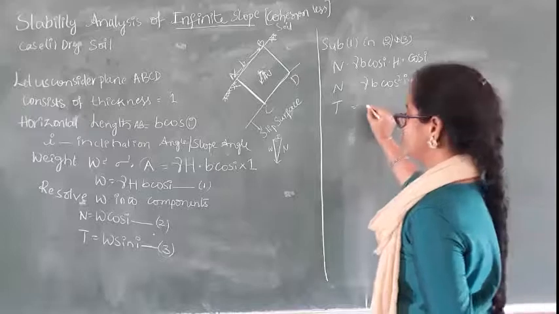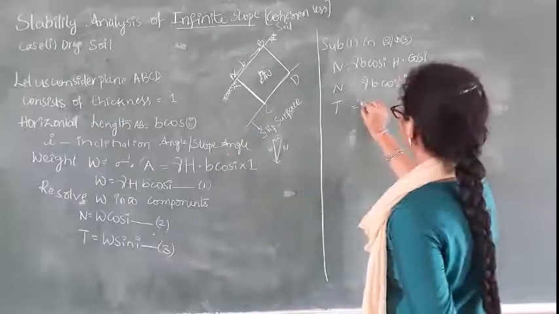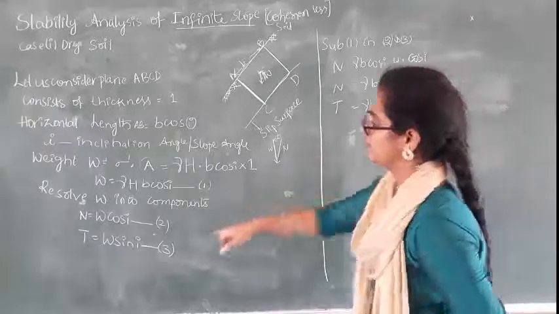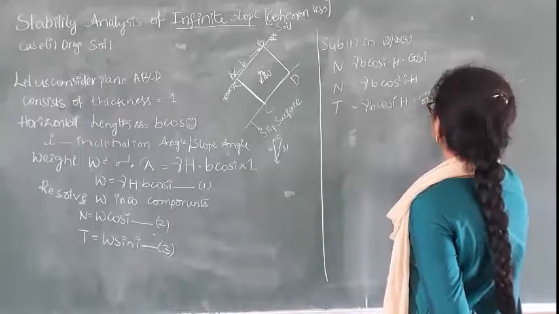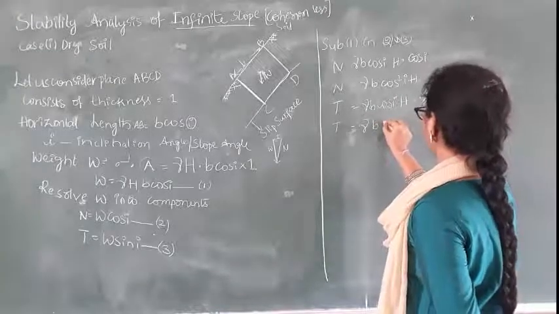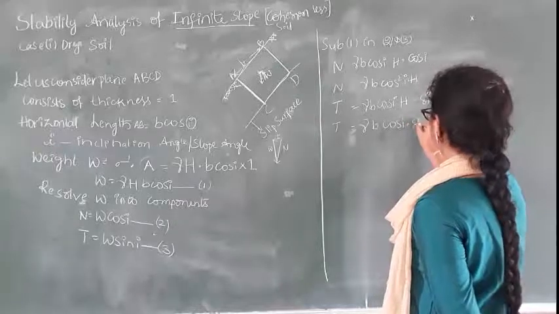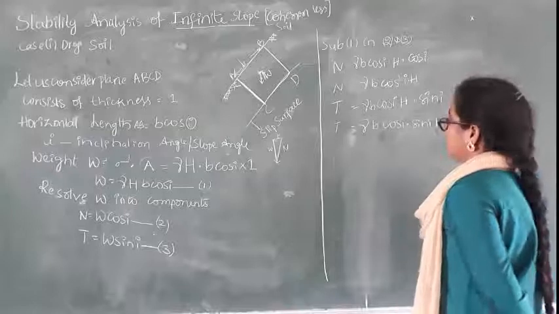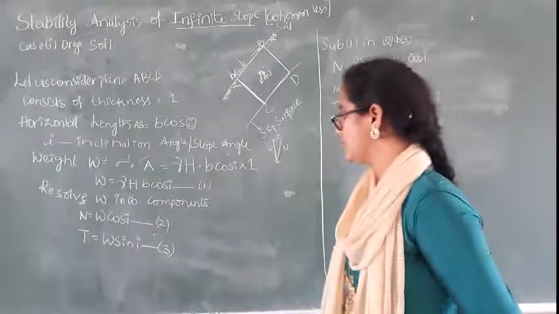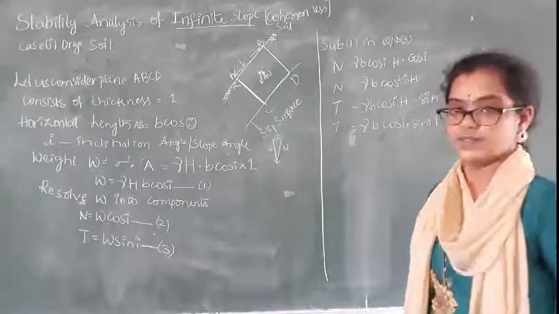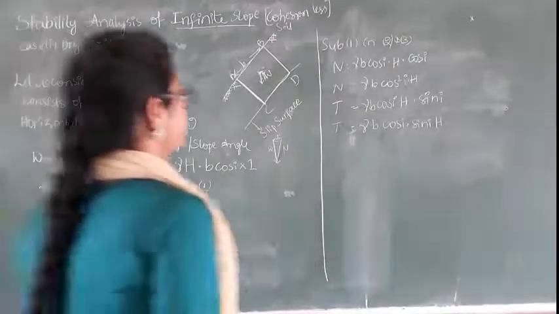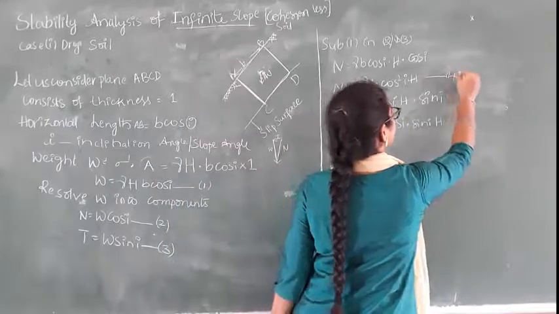T is equal to W into sin I, where W is equal to gamma b cos I into h, and into sin I. So T is equal to gamma b cos I sin I into h. Consider these equations to be 4 and 5.